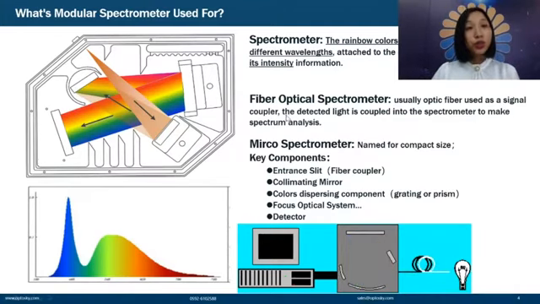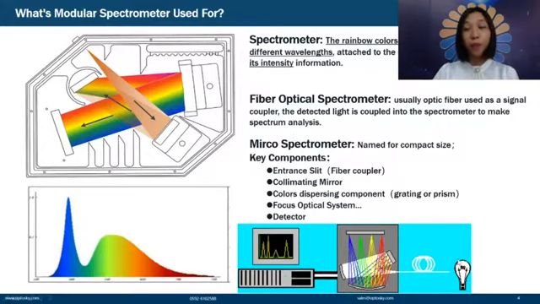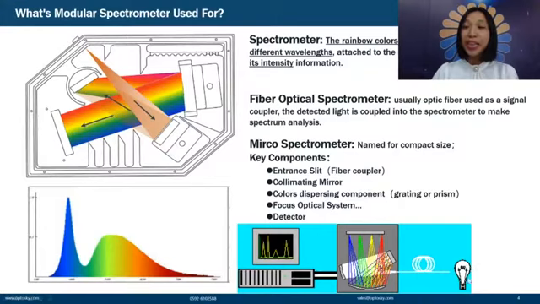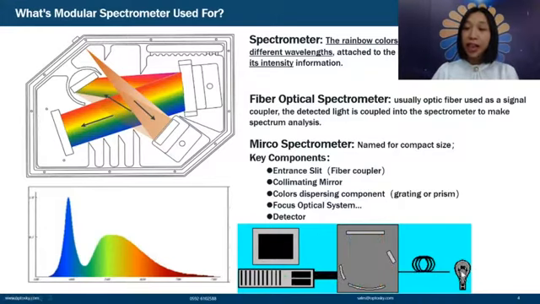So you may ask, what are modular spectrometers used for? We use this vivid cartoon flash to introduce it. You can see this is an incandescent light, and it generates white light.